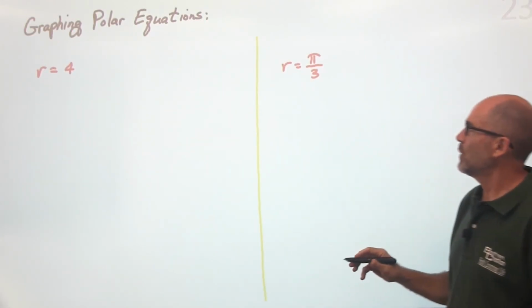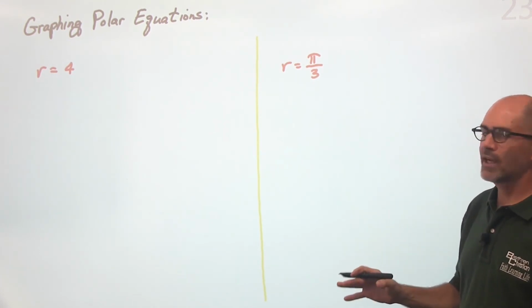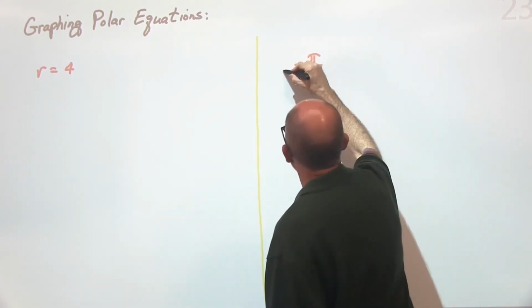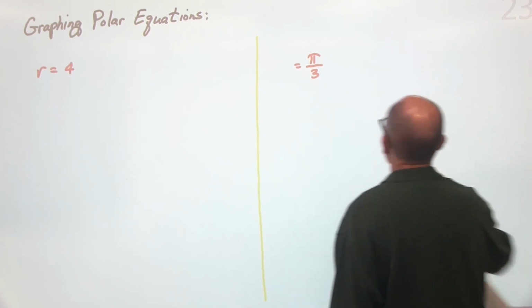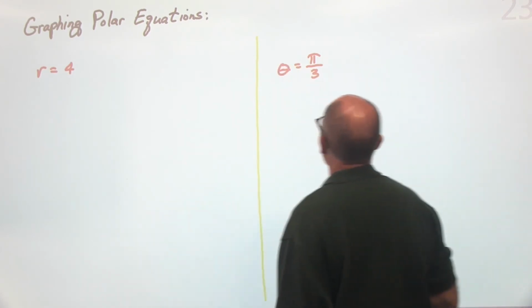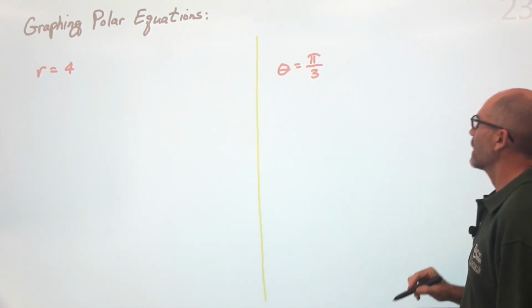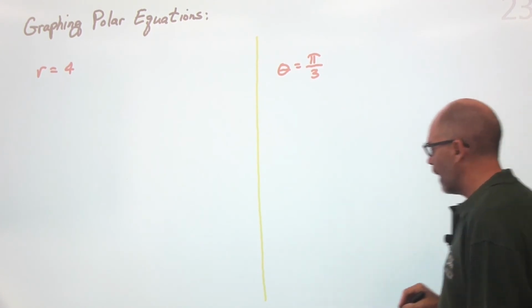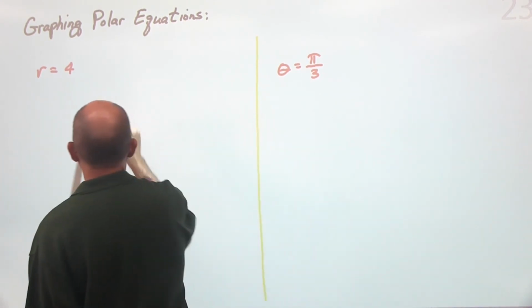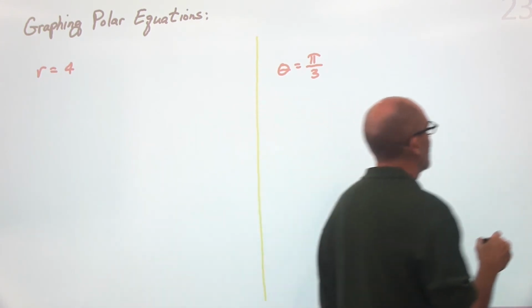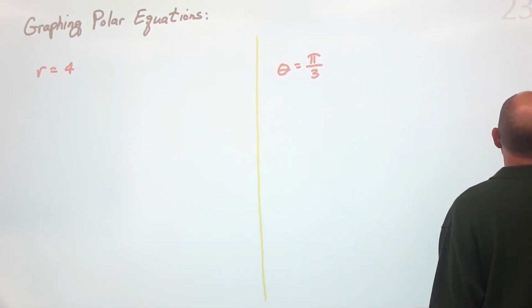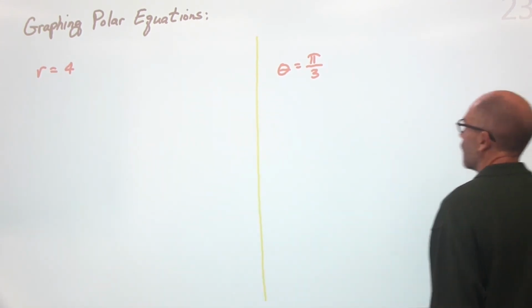Okay, last thing we're going to do is graph these equations. It's not r equals pi over 3, it's theta equals pi over 3. Okay, so I want to graph r equals 4. What that means is I just have a circle that has radius 4.